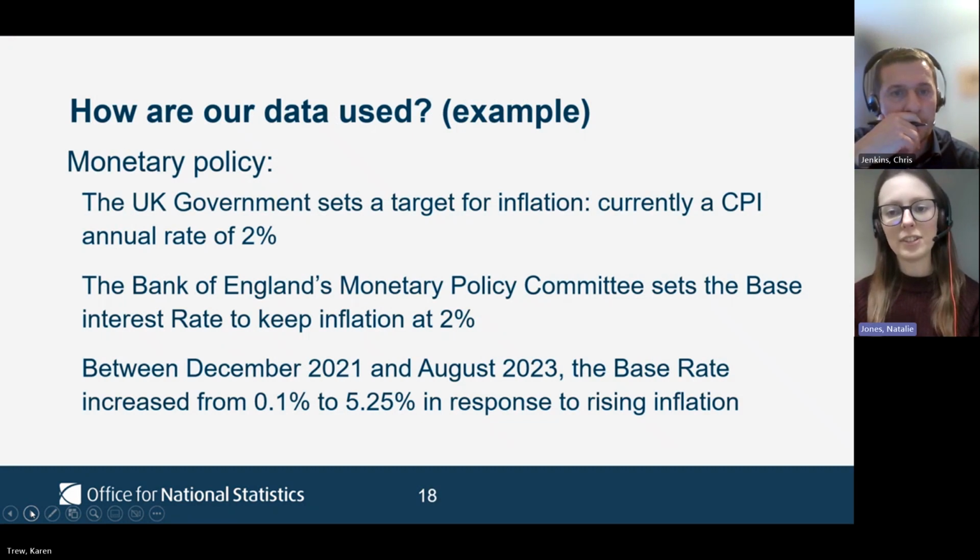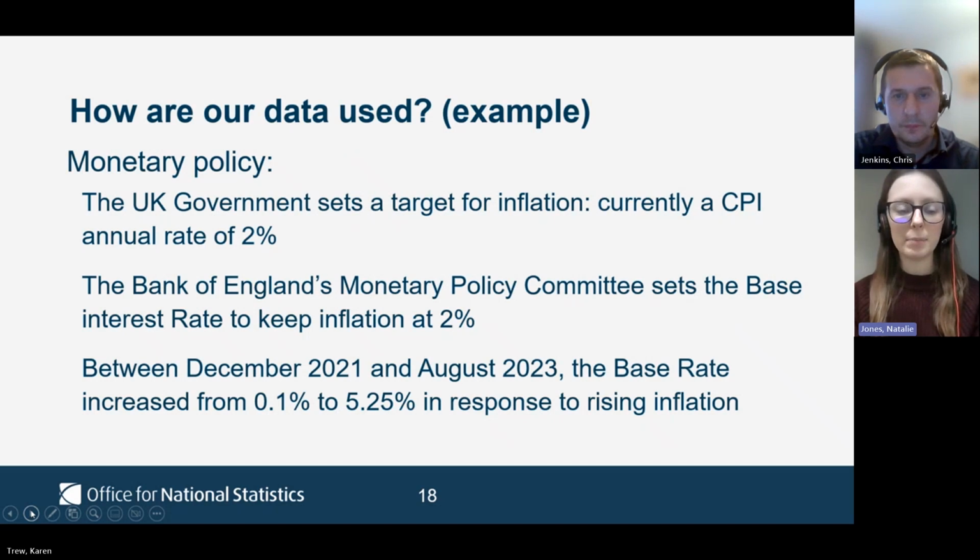So firstly, I'm going to provide you with 4 examples of how our data are used. The first is through monetary policy. The UK government sets a target rate for inflation. Currently, it is a CPI annual rate of 2%. If the inflation rate target is missed by more than 1 percentage point either side of the target, then the Governor of the Bank of England must write to the Chancellor to explain why and set out what they'll do to get inflation back to 2%.